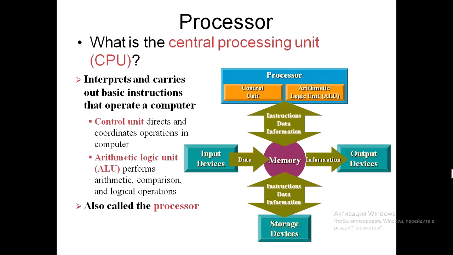The control unit directs and coordinates operations in the computer. The arithmetic logic unit performs arithmetic operations and logical operations. It is also called the processor. The central processing unit is the brain of the computer.